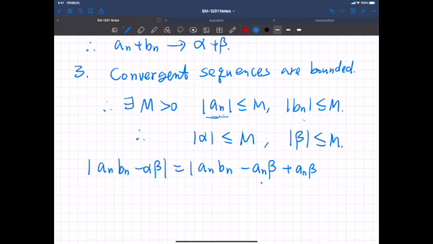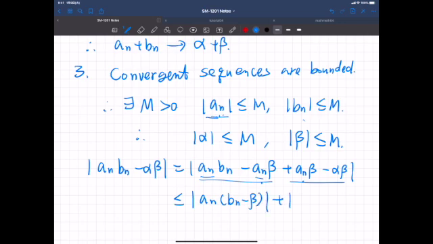So we subtract and add the same thing, so that is just 0 and it doesn't change anything. Then we split this modulus into 2 parts using the triangle inequality. So that will be |an|, and we factorize by an, so that's |bn minus beta|, plus, and the second one we can factorize by beta, so that will be |an minus alpha| times |beta|.